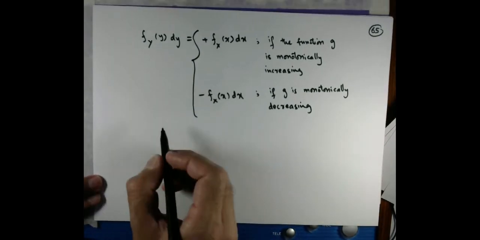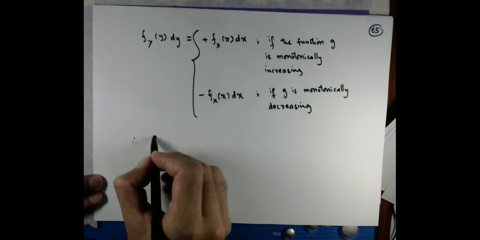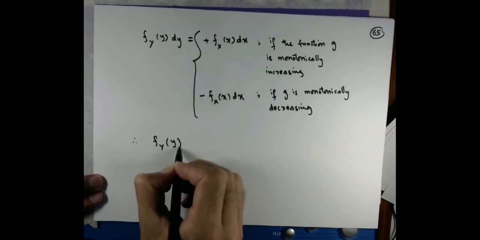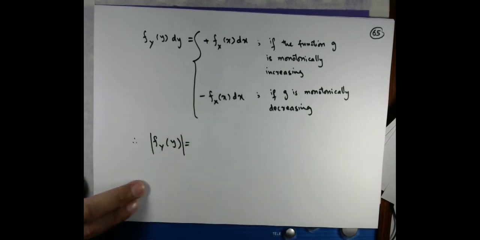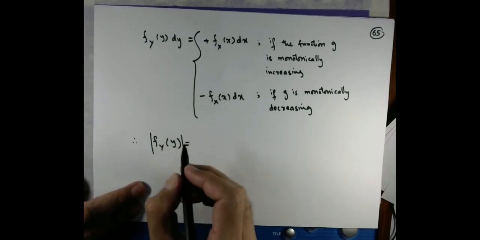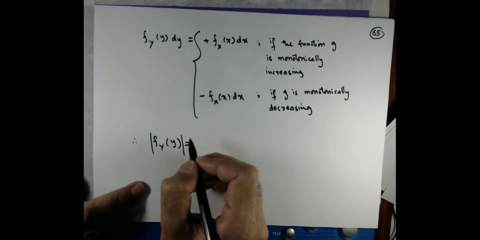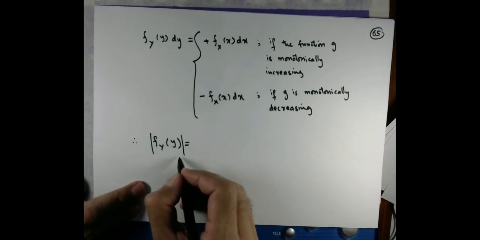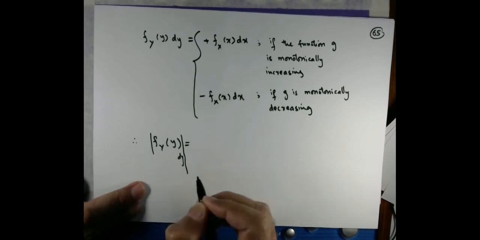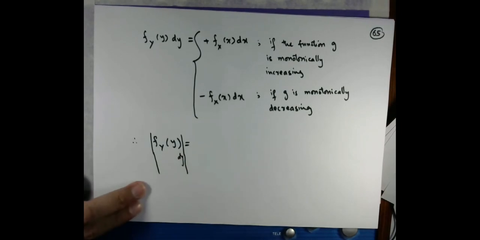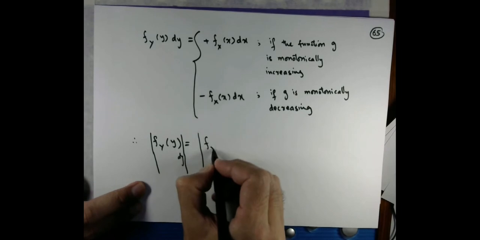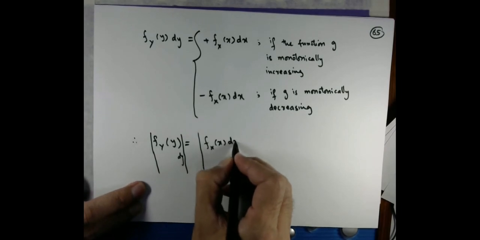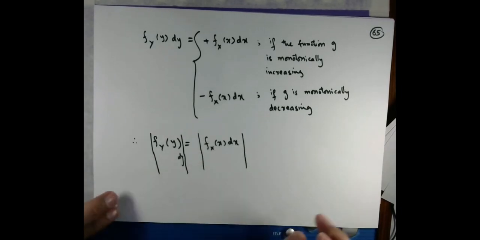So in totality we can write it as the absolute value of f sub y of y times dy is equal to the absolute value of f sub x of x dx.